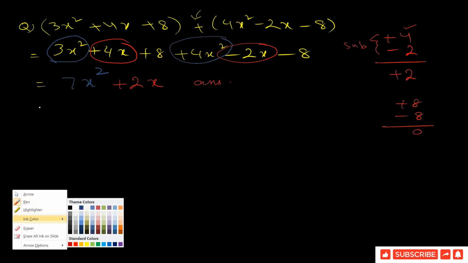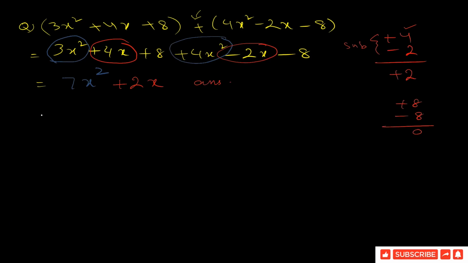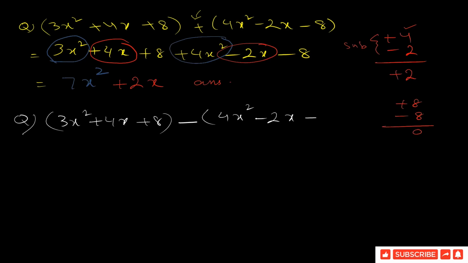If we take the same question with a negative sign in between, what will happen? 3x squared plus 4x plus 8 minus 4x squared minus 2x minus 8. Now what do we do? We change all the signs of all the terms inside the second bracket because the minus sign is outside the second bracket.